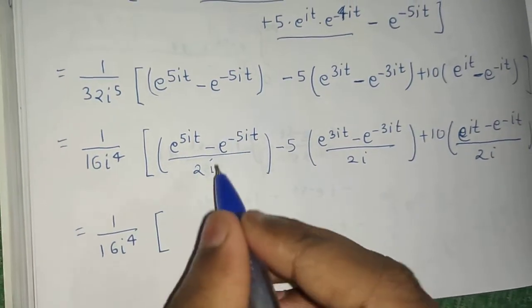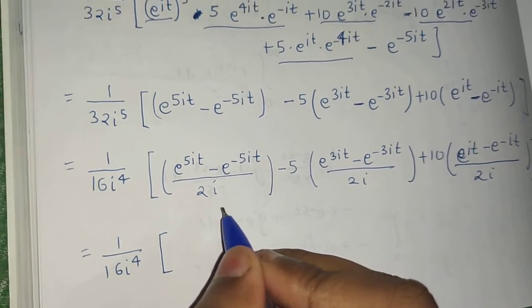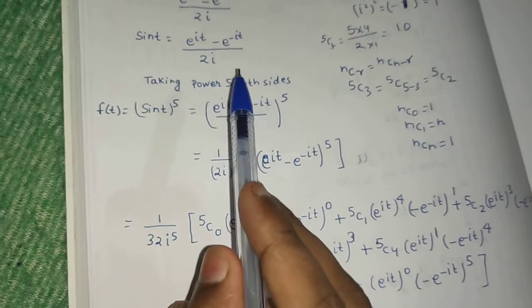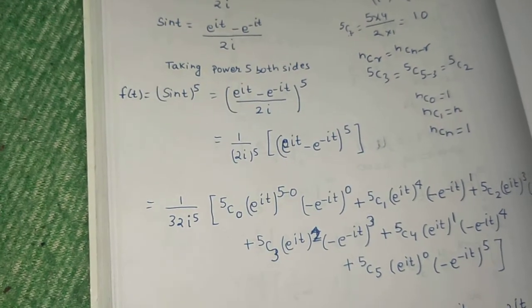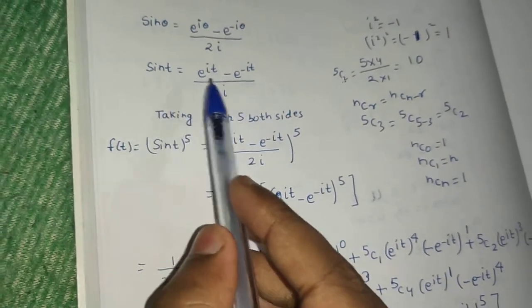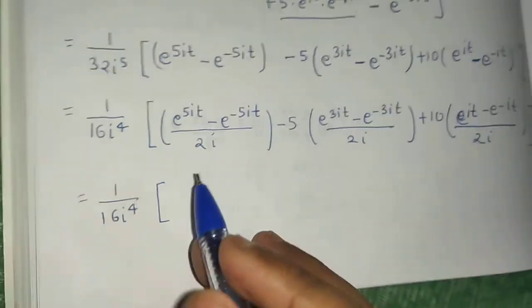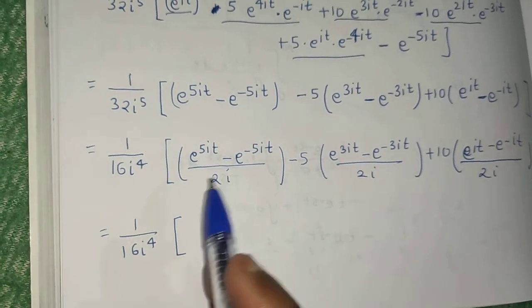Now what is this equal to? Please say, you have seen sin t is e power it minus e power minus it divided by 2i. That is equal to sin t. So when we have sin 1t, then this is the thing. When we expand sin 5t, then this will be the thing.